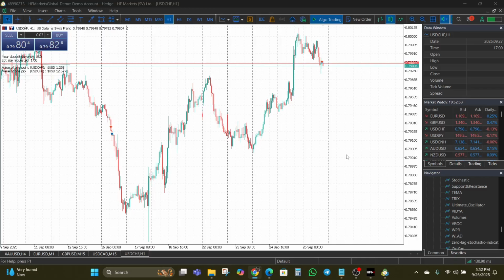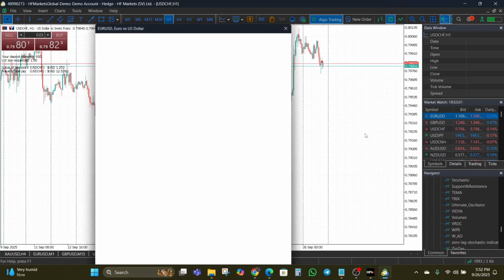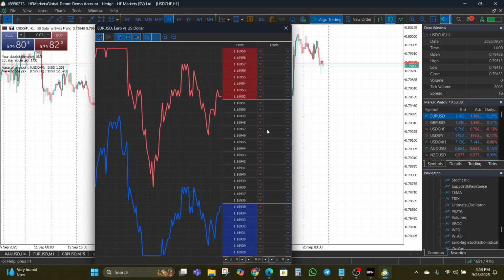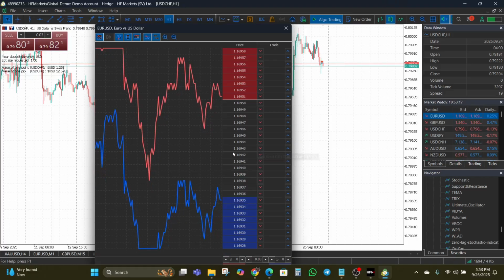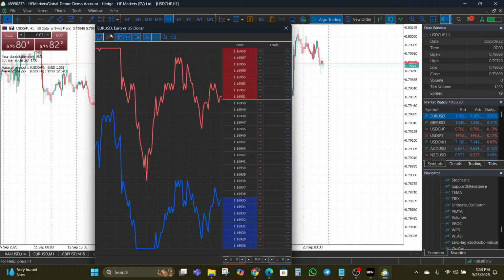Unlike a normal chart that only shows price movement, DOM gives you a real-time view of market liquidity. So it allows traders to see where most orders are concentrated, helping to identify potential support and resistance levels.